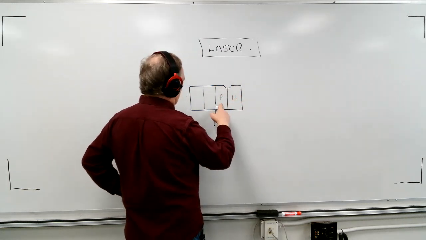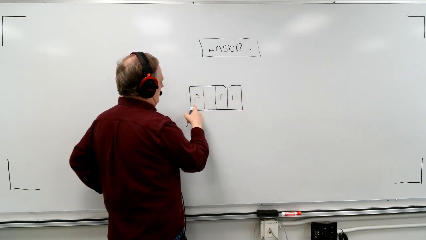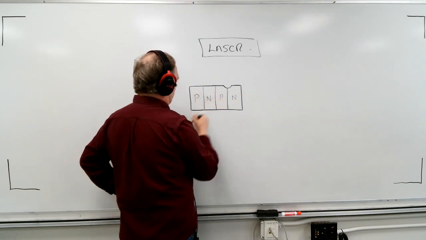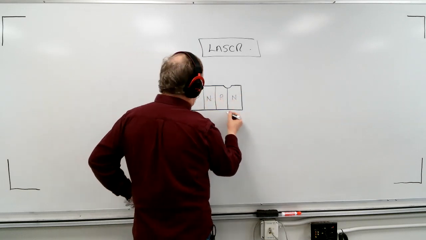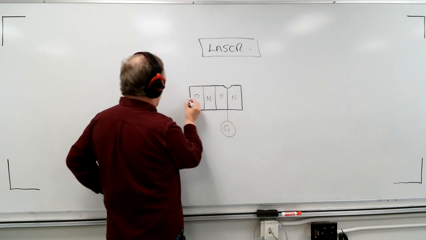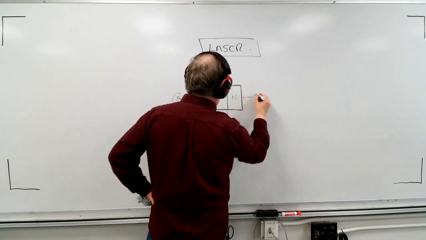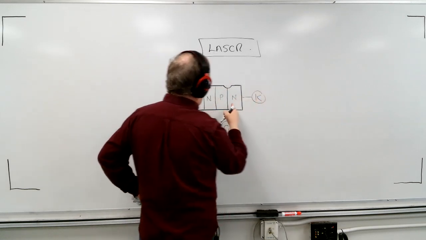We always call this the inner p and the outer n, whereas this end is the outer p and this is the inner n. Okay, so you know exactly what you're talking about. Now the gate is typically attached right here. The anode is attached to the outer p and the cathode is connected to the outer n.